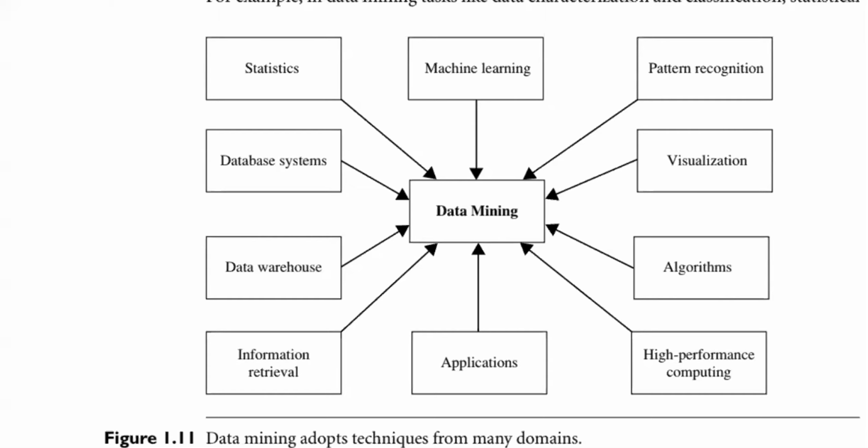So here, what type of applications are mainly targeted? Mainly two types of applications are targeted in data mining. One is BI, business intelligence, which plays a very important role.